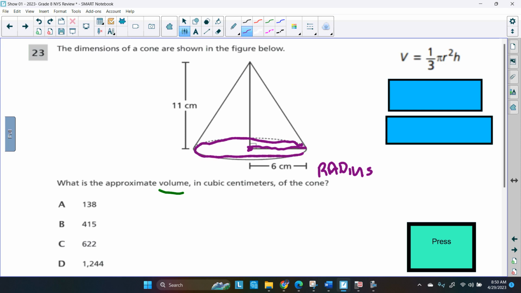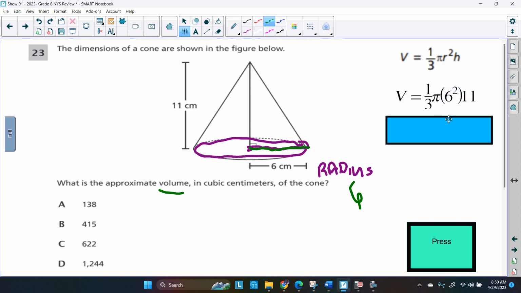And here's that circle. So that would be our radius. So the 6 is the radius. And the height, I know you guys know that. That's how tall the cone is. So all I'm going to do is replace the R with 6 and replace the H, height, with 11. And there's what it looks like.